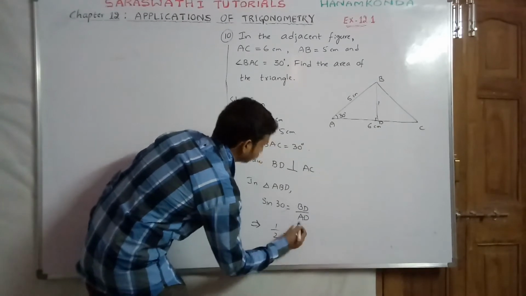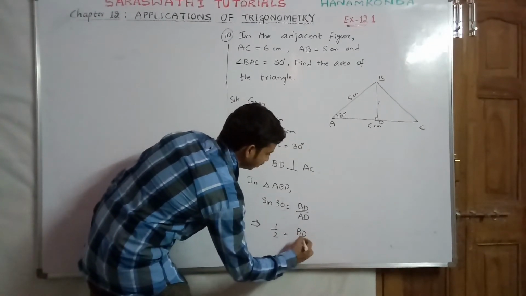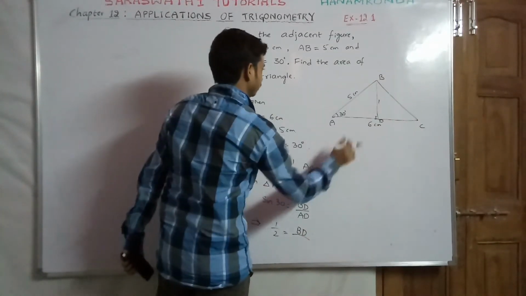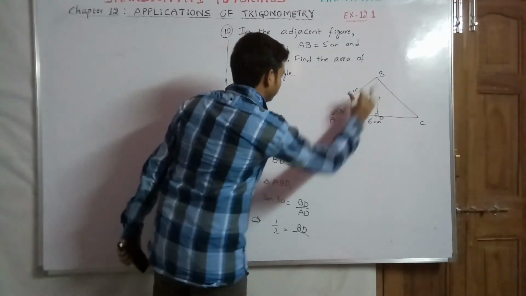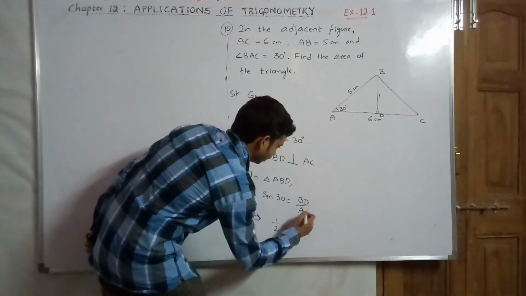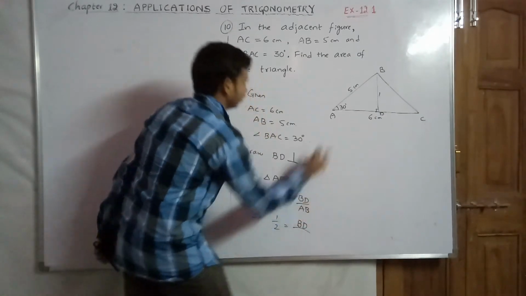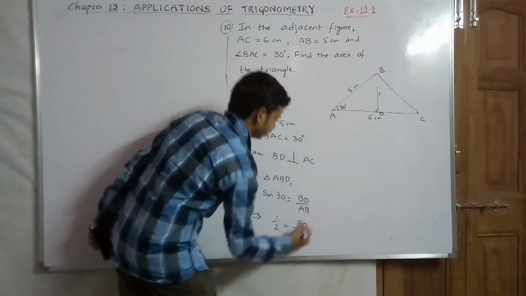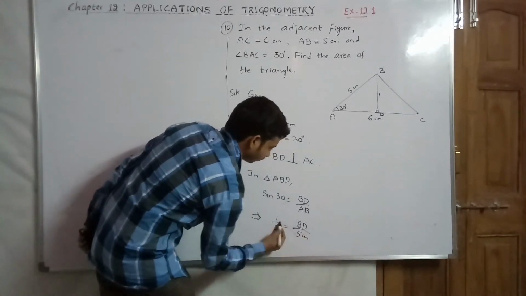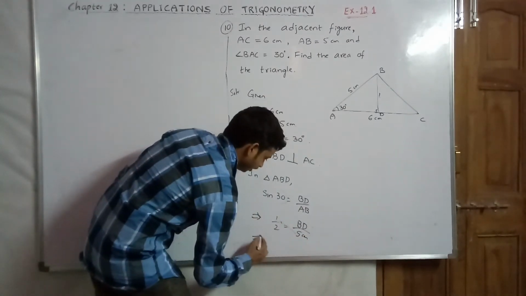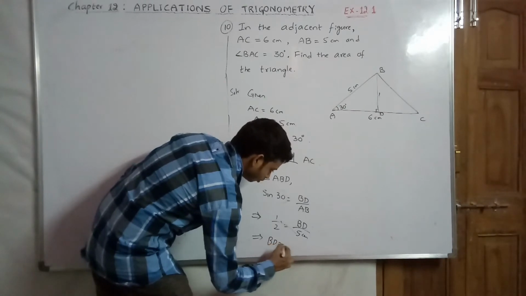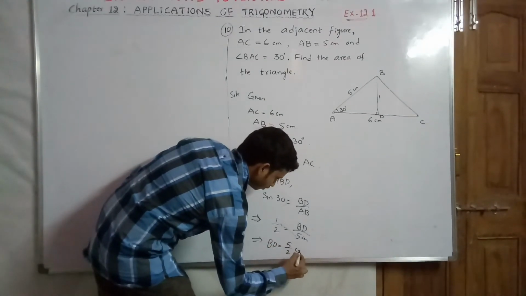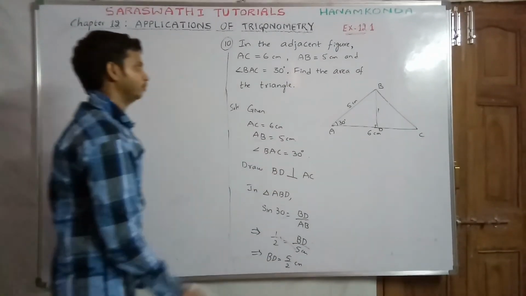So 1 by 2 equals BD by AB, and the AB value is 5 centimeters. This 5 gets multiplied with the left side term. That means BD equals 5 by 2 centimeters.